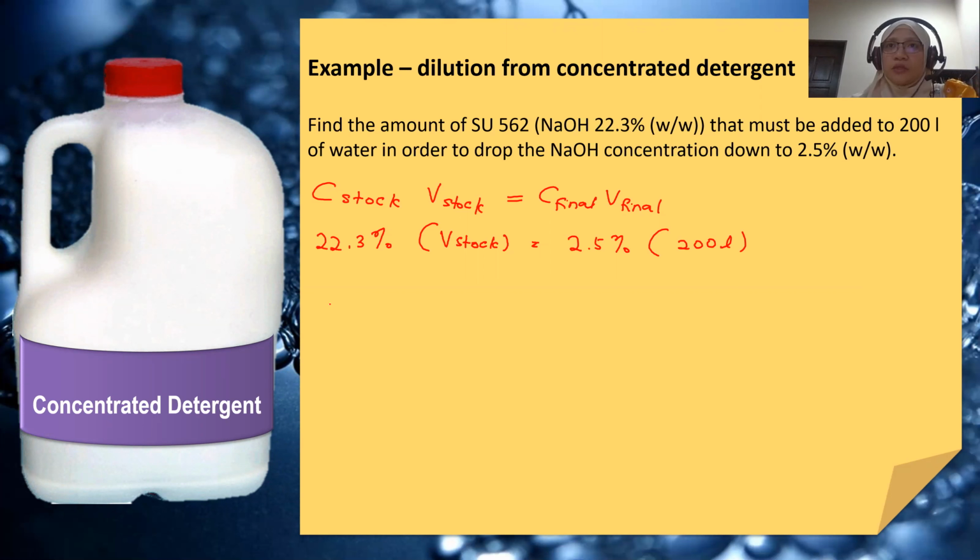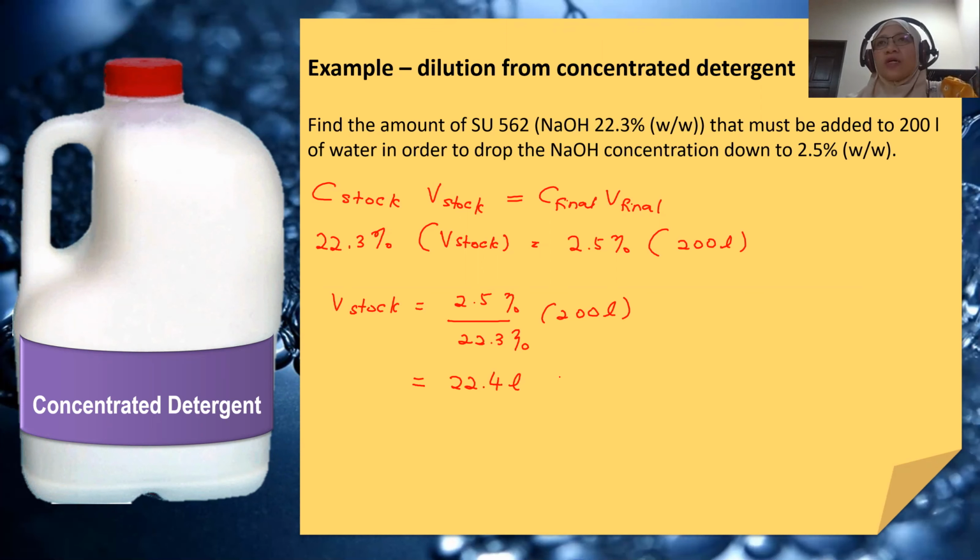By rearranging the equation, we get V stock equal to 2.5% divided by 22.3 weight percent, times 200 liter that we need to prepare. So you will get 22.4 liter of SU562. Okay, this is the chemical that you need to measure.